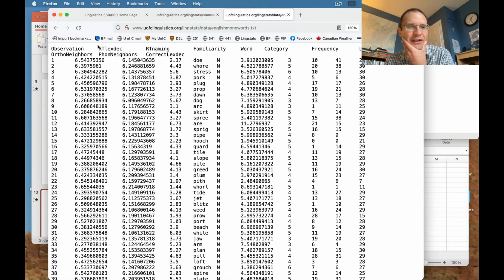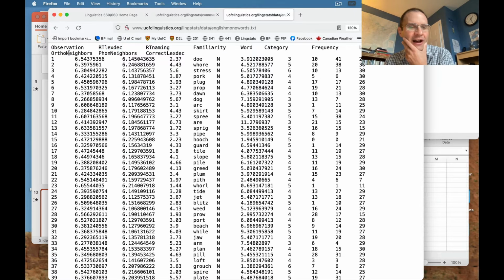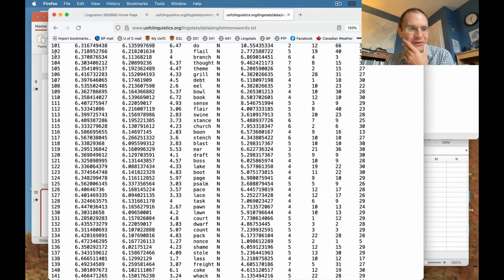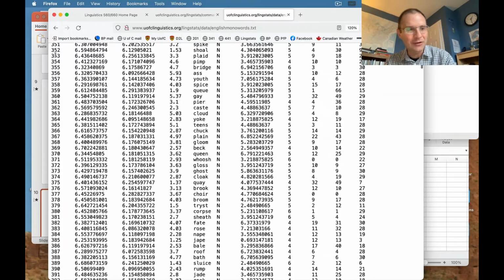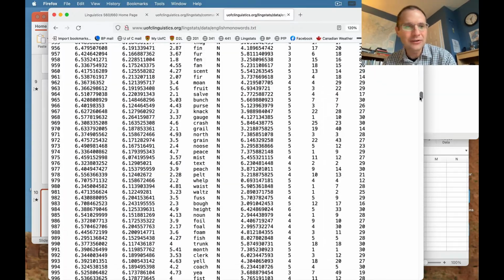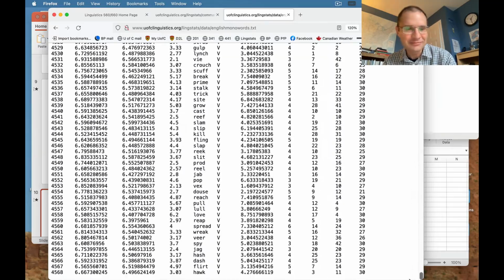Actually, even before we get into what these two things mean, I'll say there is another column here for observation. And that actually just gives a unique number for each row in the data frame. I used to organize my data files like that.